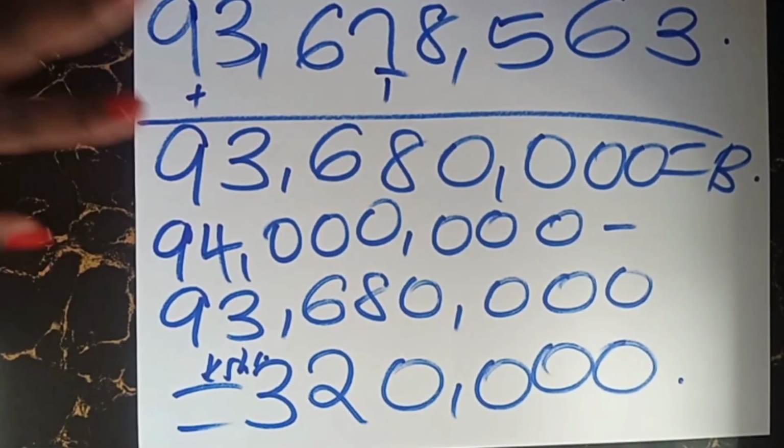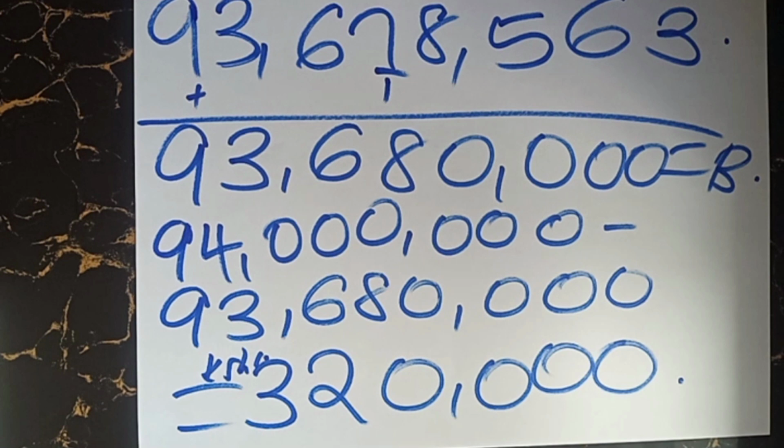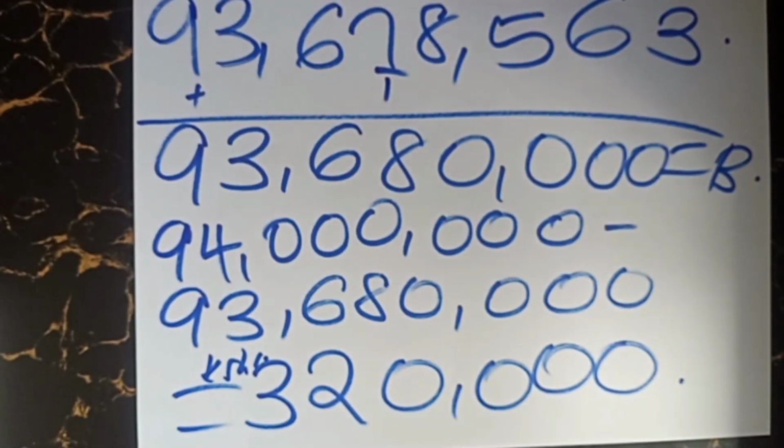So when you subtract that, you get 320,000 Kenya shillings. I also cover the topic on subtraction of whole numbers, so I'll leave the link in the description box below for the sake of clarity. So with that, you have your answer. The answer to this question is 320,000 Kenya shillings. That was really easy and fun, right?